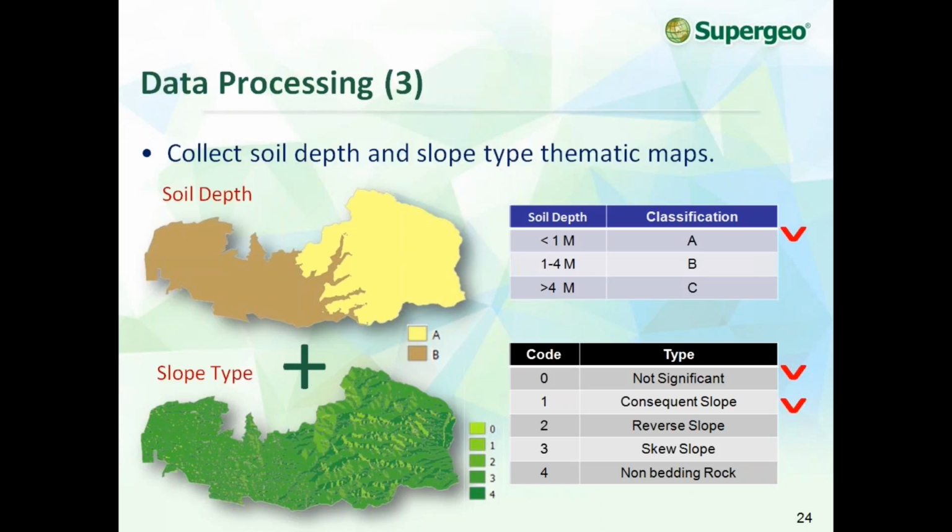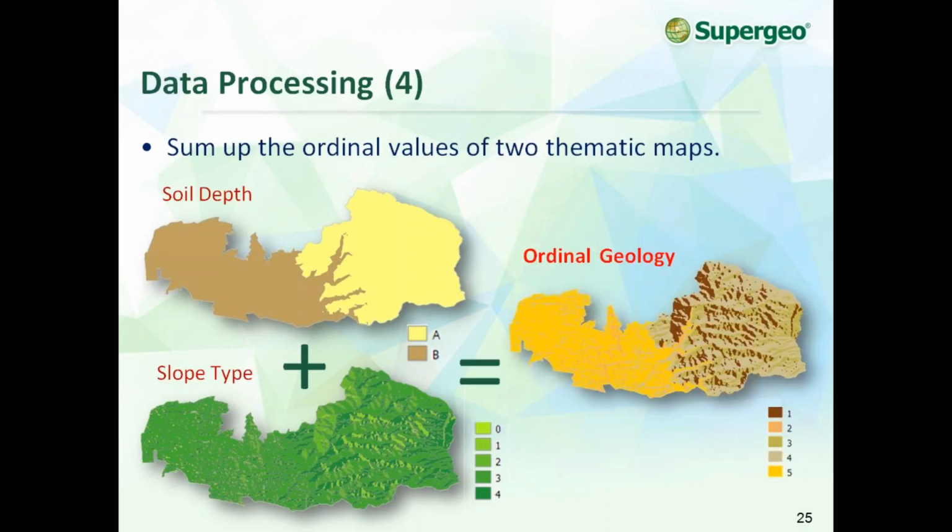Of course, we prefer the consequent slope, not steep, or non-bearing rock regions. Okay. So I spatial join the two semantic maps, combining the two data layers to get a new value to represent today's ordinal geology map.